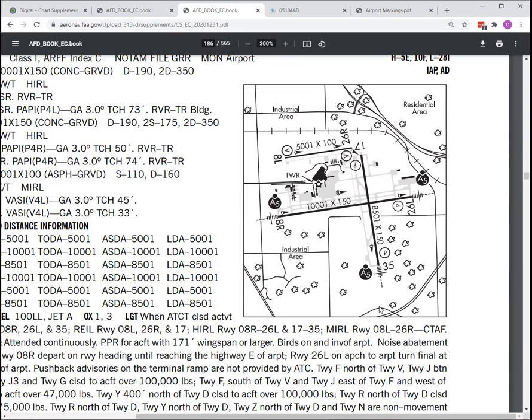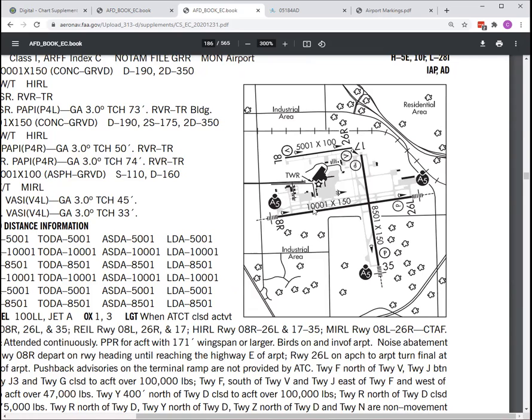So they have left them for the time being, but I think they are going to update them in the future. That's just due to the precession of the Earth's magnetic field. Since these are magnetic headings, they need to be updated periodically. But for now, those are the names. So we have 26 left, 26 right, 8 left, and 8 right. And then we have the 17/35 runway.